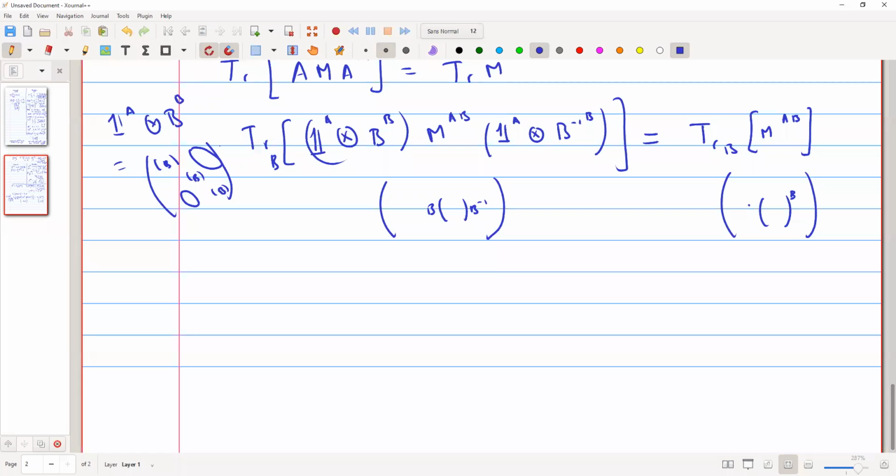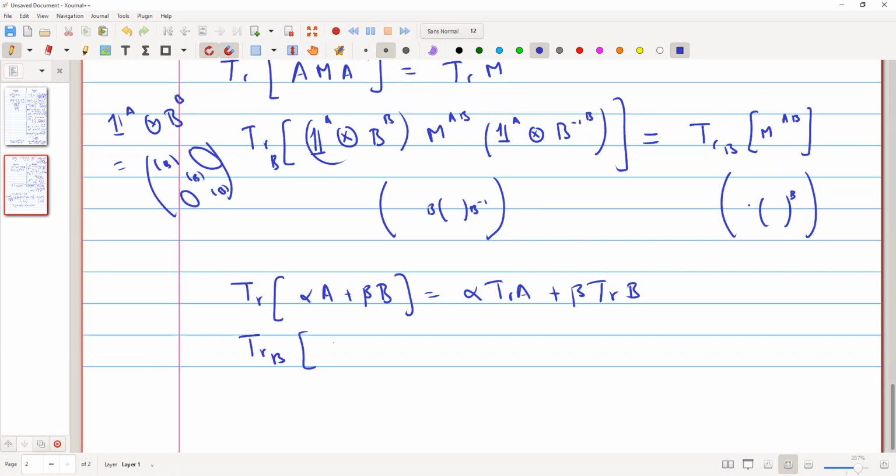Then there are other properties out here. So remember the trace was linear. So trace of alpha A plus beta B is alpha trace A plus beta trace B. So you can say the same thing out here. I want to do partial trace.